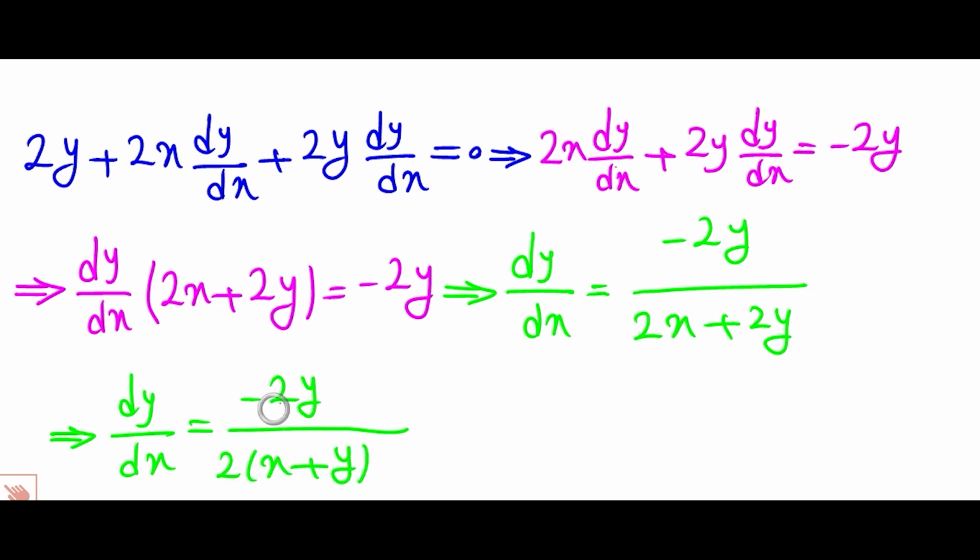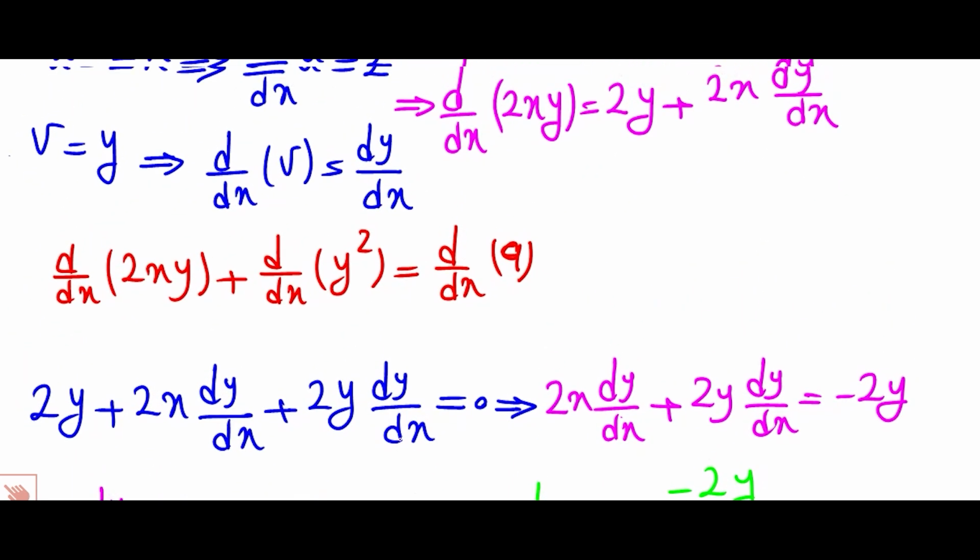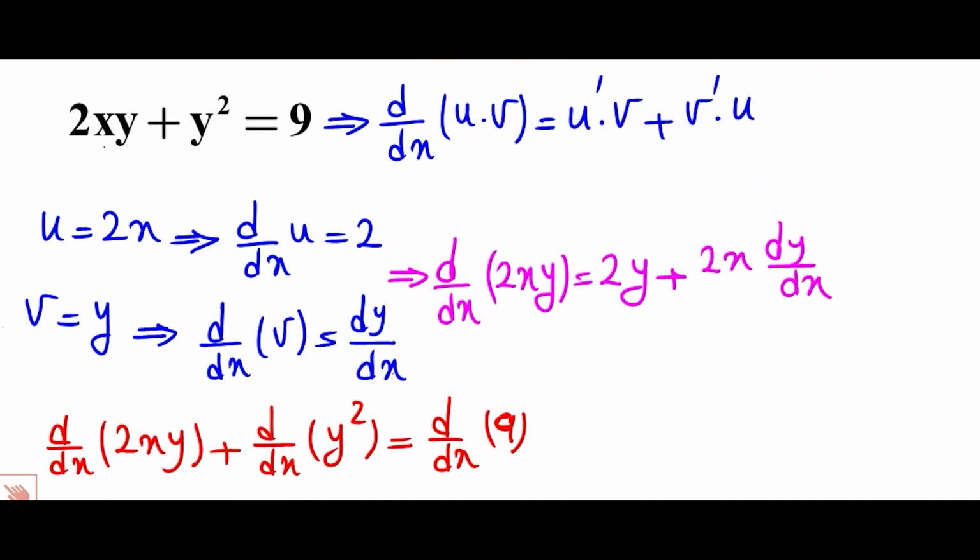The 2 cancels out and we get our final answer: dy/dx equals negative y over x plus y. So be careful here with 2xy. Many students forget to use the product rule on 2xy. Remember, y is a function of x, not a constant.